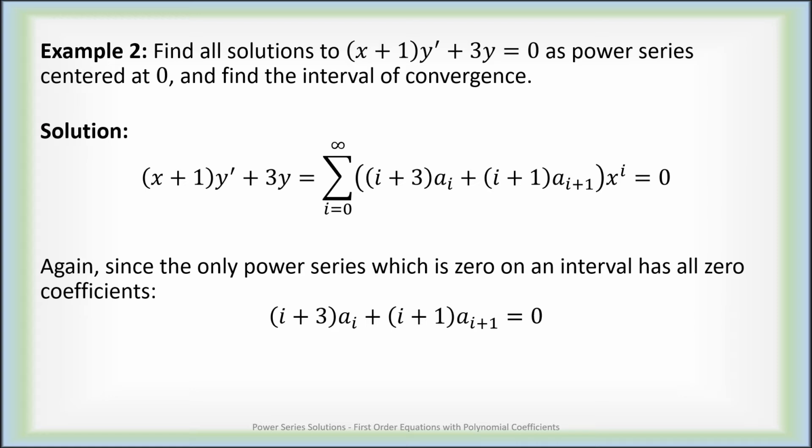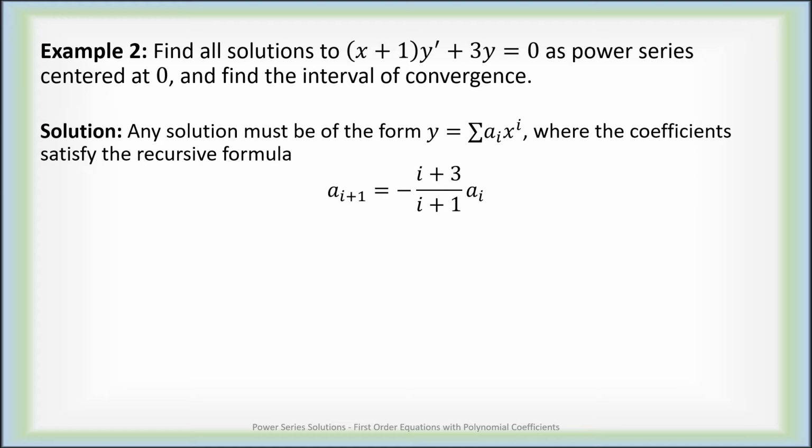Therefore, (i+3) a_i plus (i+1) a_(i+1) must always be 0. This allows us to solve: a_(i+1) is negative (i+3) over (i+1) times a_i.